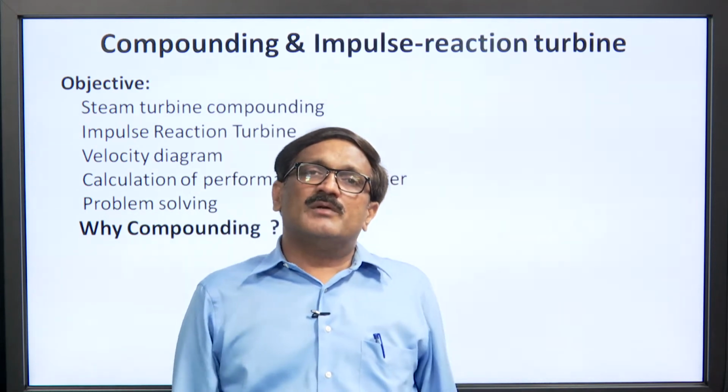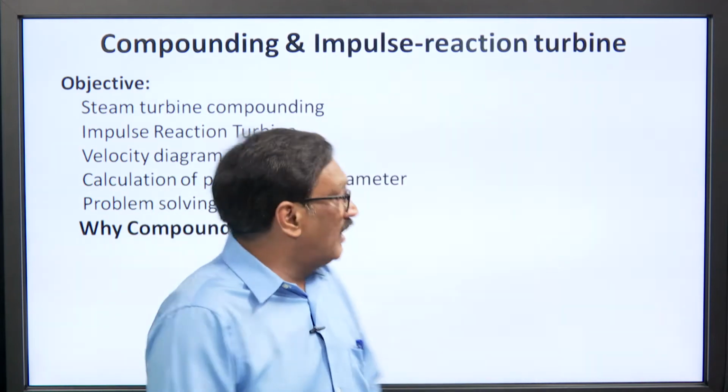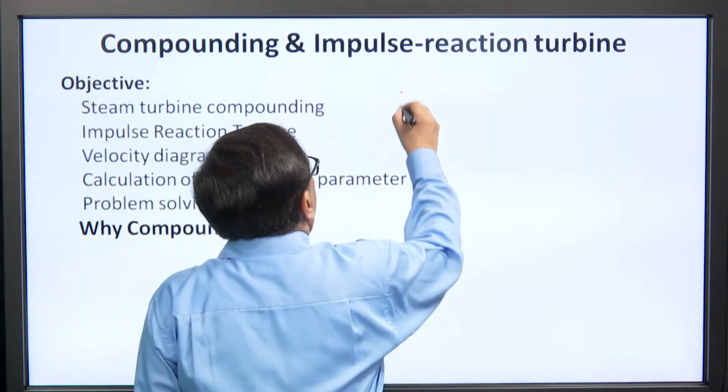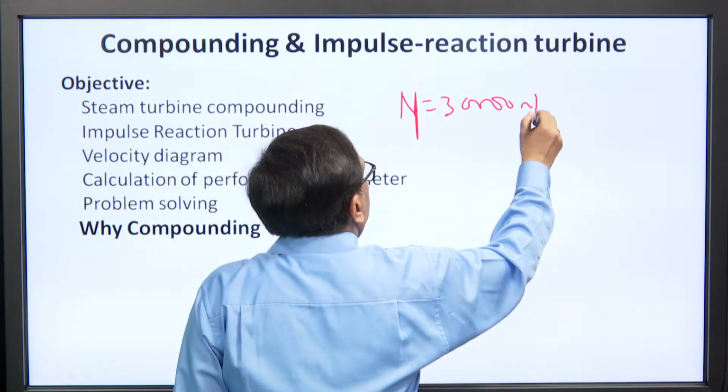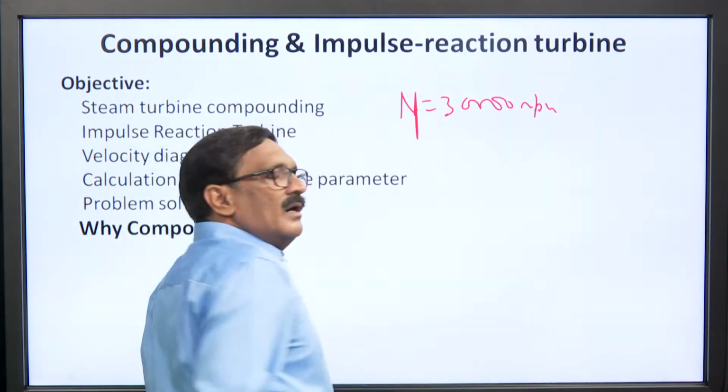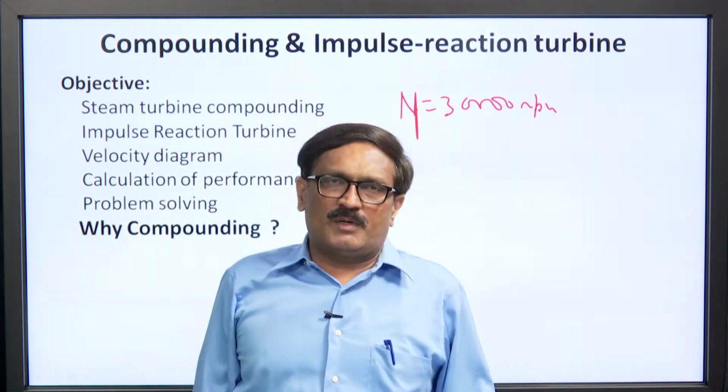In a simple impulse turbine, the RPM of the wheel is nearly 30,000, which is of no practical use.